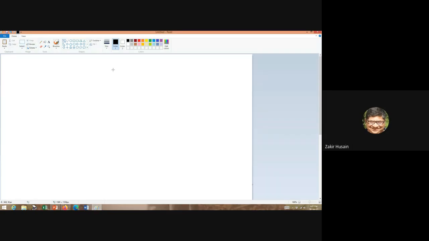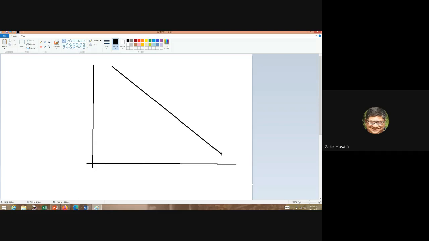Okay, now if we come back to the, if we club together the ISLM model, I want to focus on the LM curve initially.